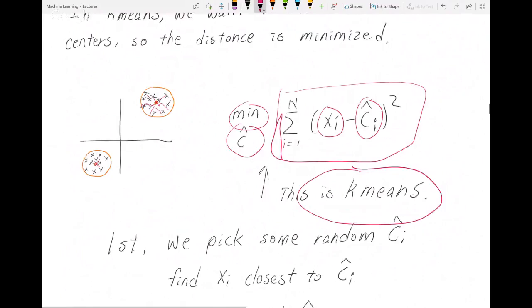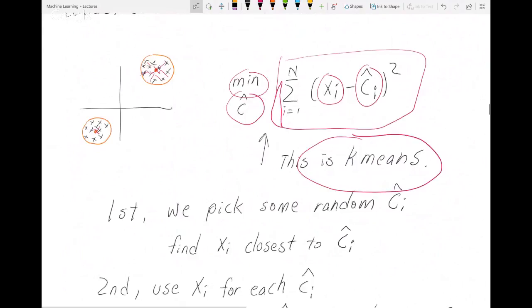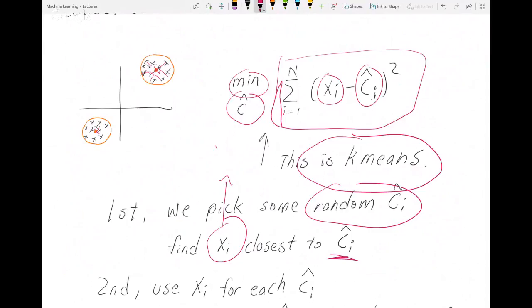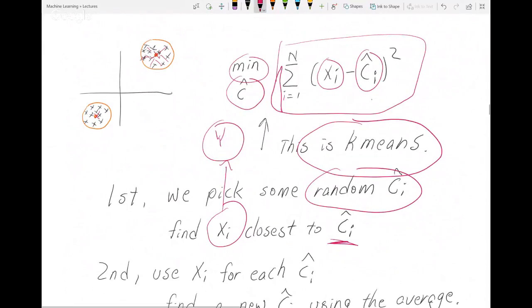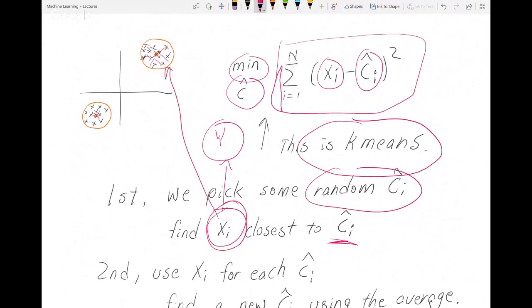The way we solve k-means, which again I'm going to assume you know, is essentially we pick some random centers and then pick the x's that are closest to each center, and that tells us the Y matrix. Once we know Y, we know all the x's for this cluster and all the x's for that cluster.